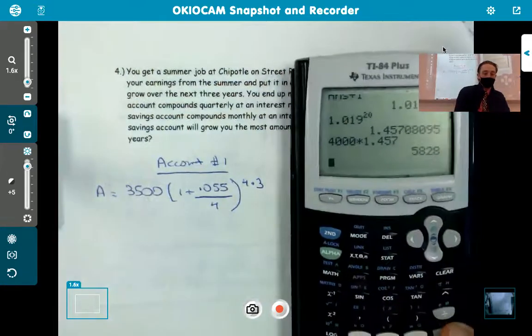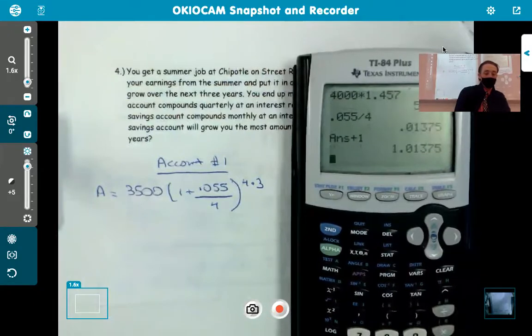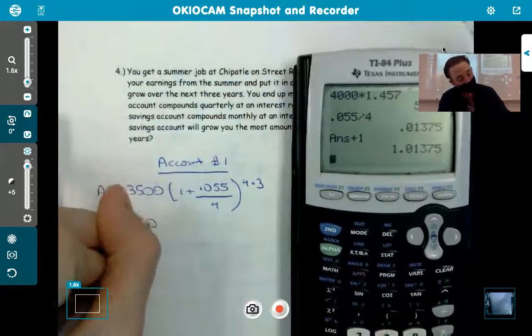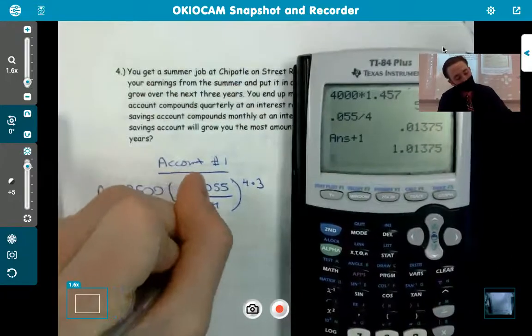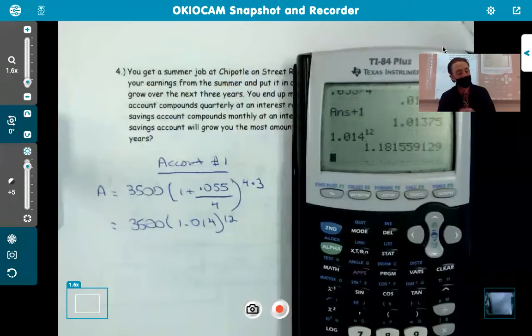When I go through and solve, I have 0.055 divided by 4, and I add 1 to that. So I have 1.01375 or 1.014. Raised to the 12th power from the 4 times 3. And that gives me 1.181559129.